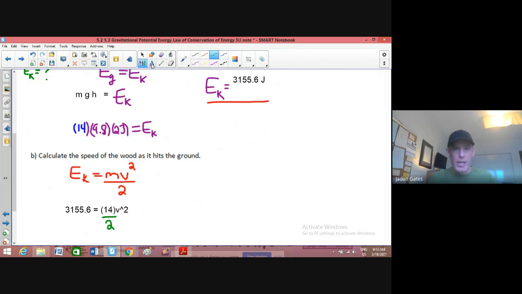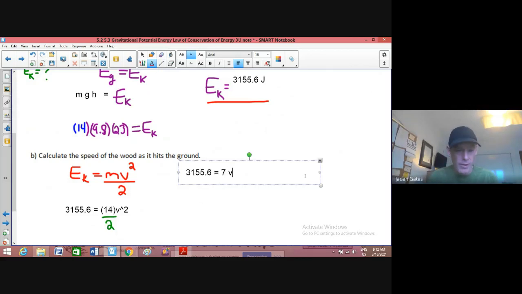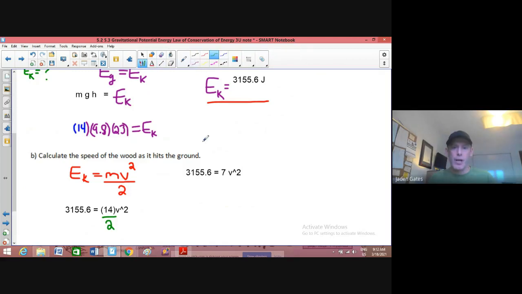All right, so I can keep going here and just simplifying to solve for our v. So I have 3,155.6. Well, 14 divided by 2, I know is 7, times v squared. All right, again, simplifying here, I can divide both sides by 7.